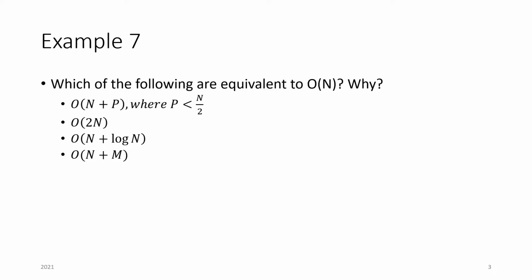Alright, so in answering this particular example, we're going to have to figure out what's going to be the order of each one of these, and then see if it's going to be equivalent to O of n as a result. So for our first one, we know that p here is n divided by 2. So this becomes O of n, plus, so less than n divided by 2.